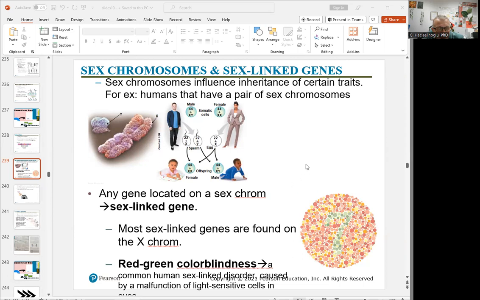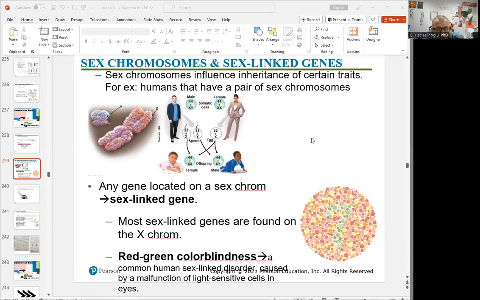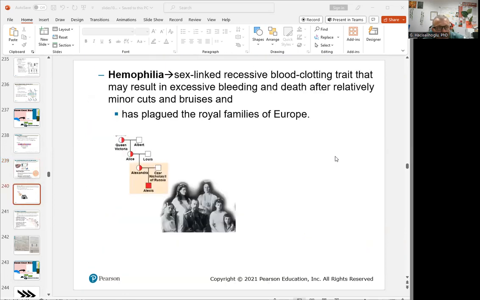Red-green color blindness is caused by genes which are on the X chromosome. Hemophilia is another sex-linked recessive blood clotting trait. You can follow it here, and it was a major disease.